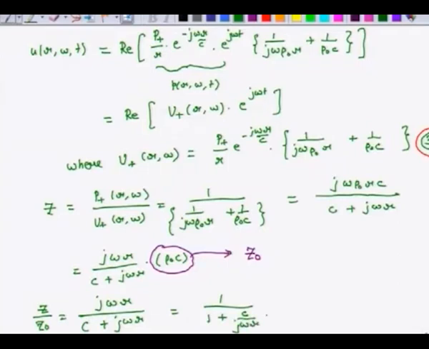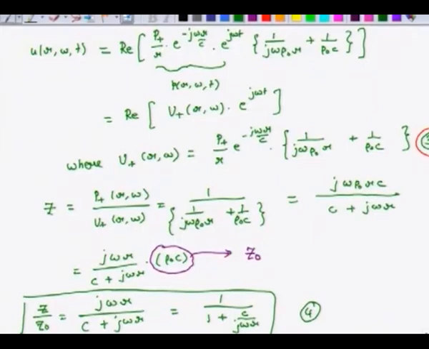Essentially what I have done here is divide the numerator and the denominator by j omega r. This is my expression, and I call it equation 4, and it tells me how z and z naught are related and what the dependence of z on r is.